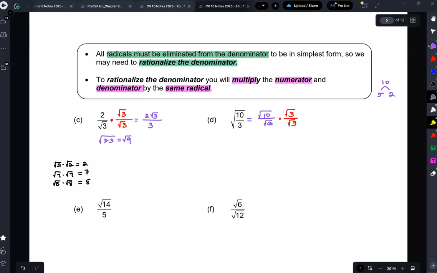Multiply by root 3. Now, the denominator should be super easy. What's in the denominator when we're done? 3. Root 3 times root 3 is 3. Here, when I have a root times a root, I get a root and I multiply the inside. So this will be 30.